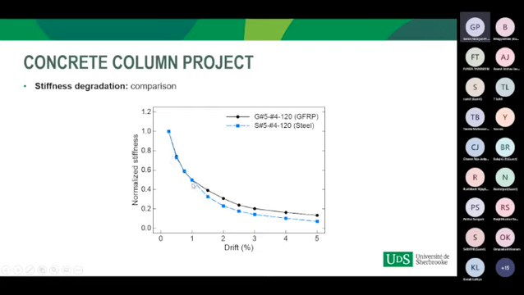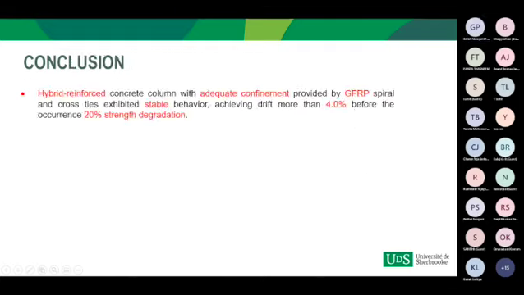After the 1% drift ratio, the stiffness in the hybrid reinforced concrete column decreased due to the yielding of the steel bar and continued to be lower until the end of the test. The stiffness degradation was gradual in both types of column, GFRP or hybrid, after the 2.5% drift ratio, because of the crack stabilization.